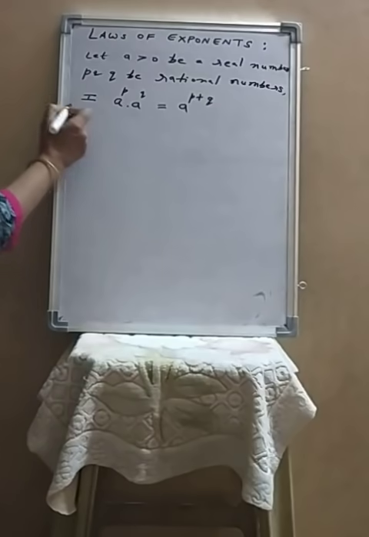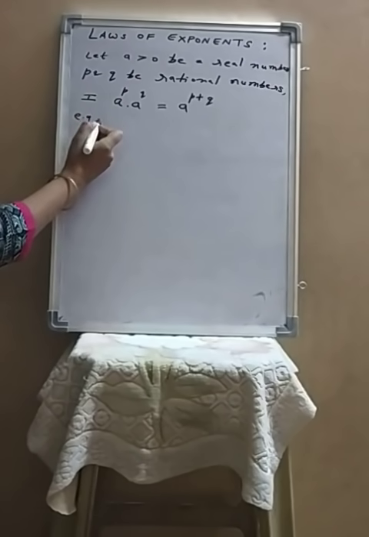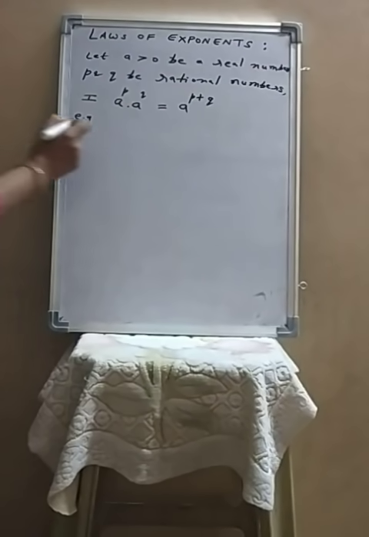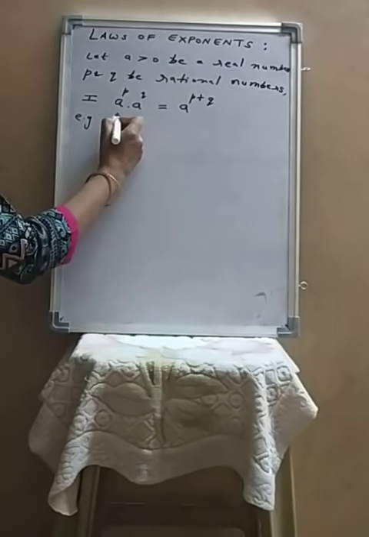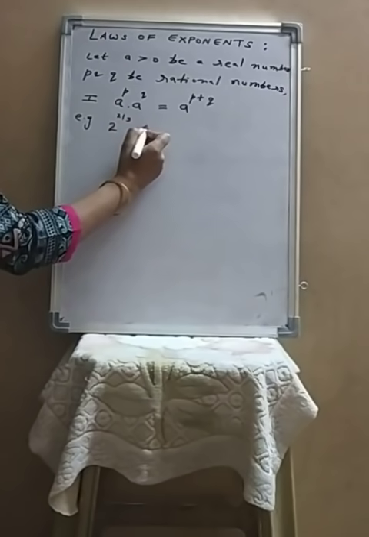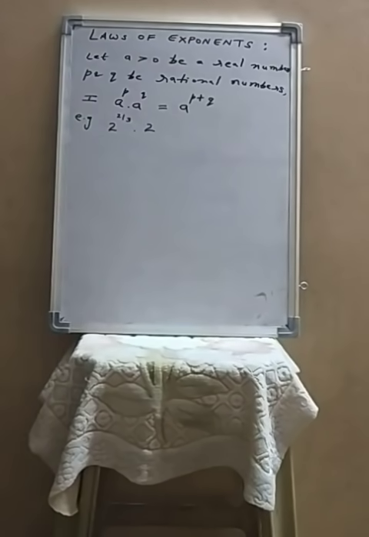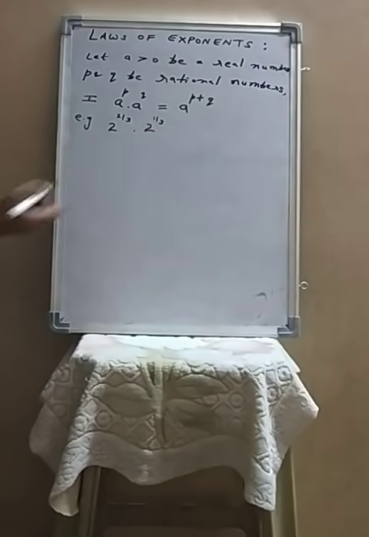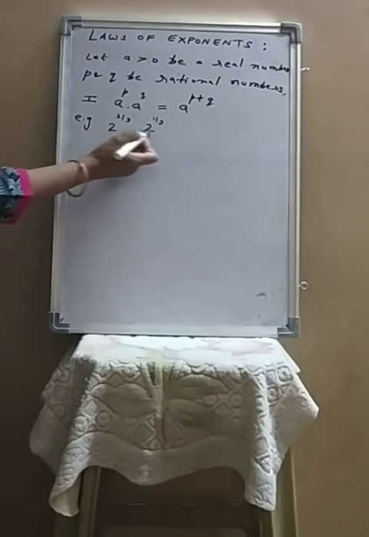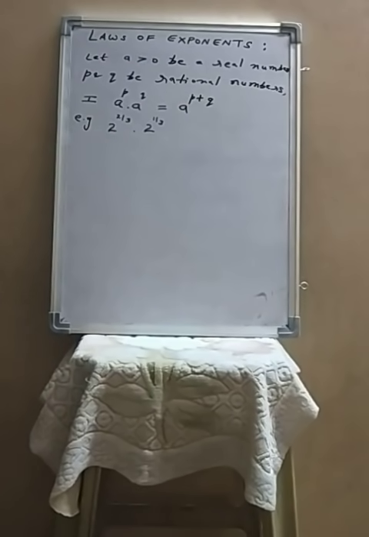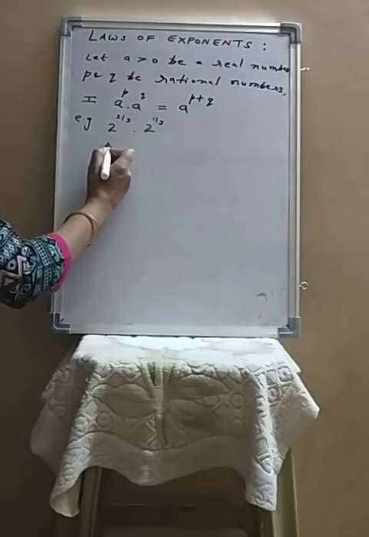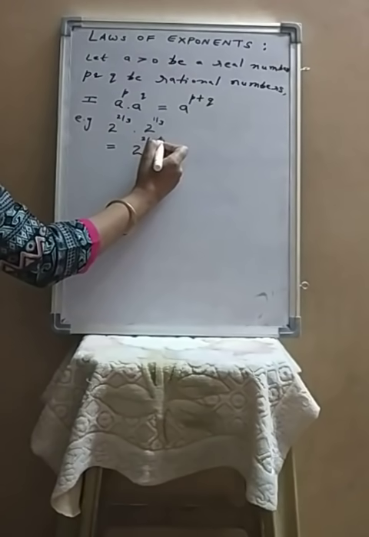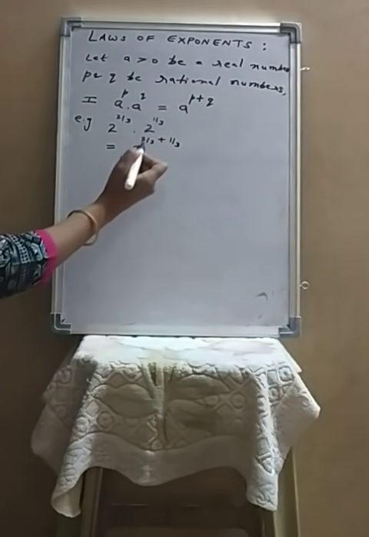Let me explain it with the help of an example that how to apply this law. So let me have a number 2 raised to the power 2 by 3, which is in multiplication with another number 2 raised to the power 1 by 3. You can see that the base is 2 for both the numbers and we can apply this first law of exponents. So this is equal to 2 raised to the power 2 by 3 plus 1 by 3.